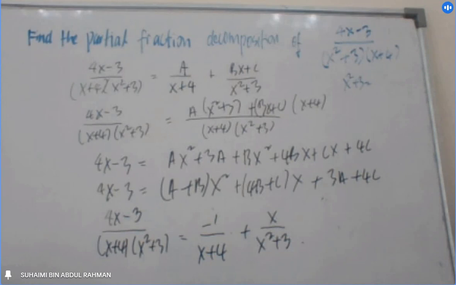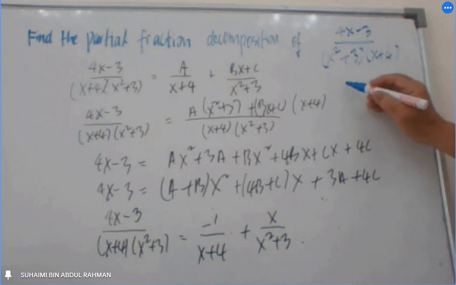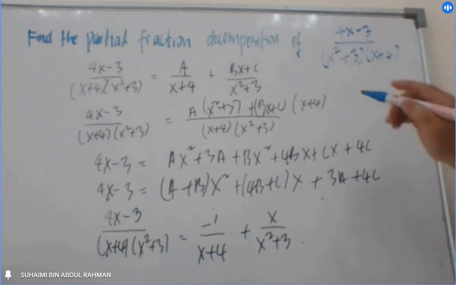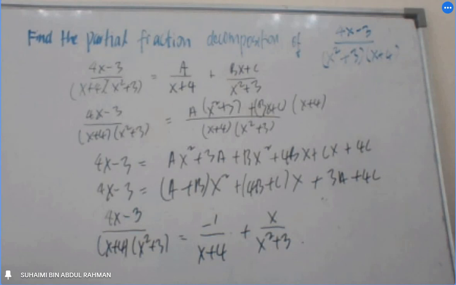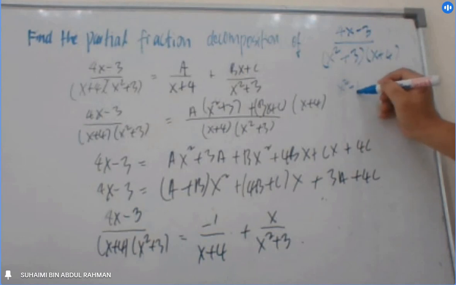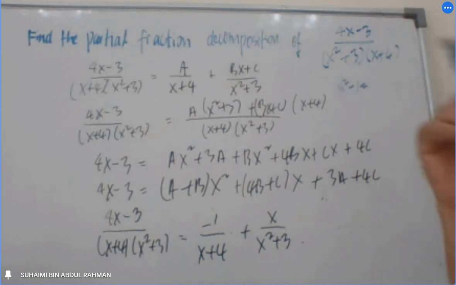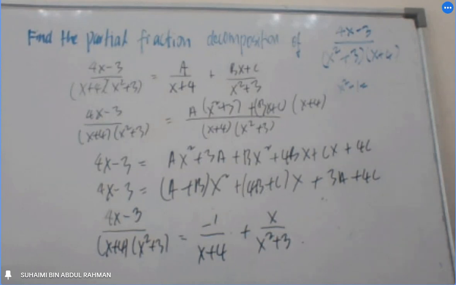Not every quadratic is irreducible. Some quadratics are reducible. For example, x² - 1. This is quadratic but reducible because we can write it as (x + 1)(x - 1).